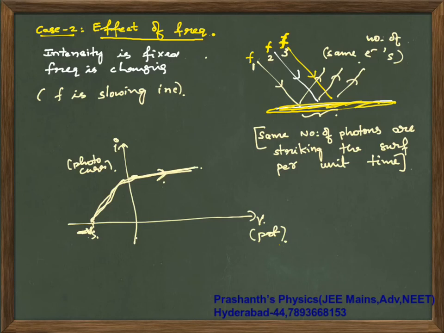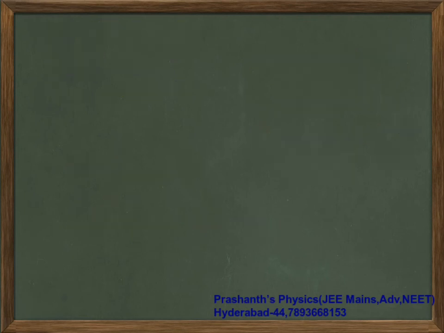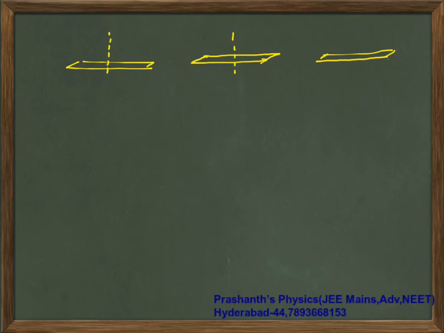Now let us consider other cases. Those who want to copy this down can pause the video clip and copy down. The next case is where you are taking different metals. Different metals will indicate different stopping potentials, so this is different, this is different, this is different.